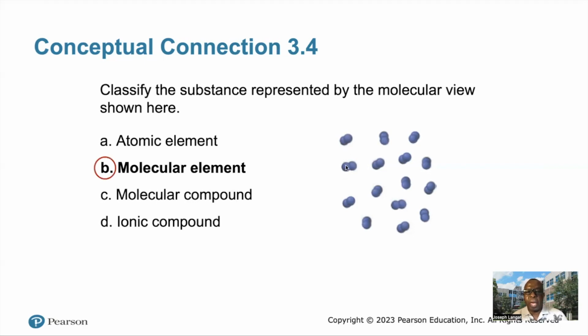If I had, let's say, green and red, that will constitute a molecular compound, such as H2O we looked at before. There were two white spheres bonded to one red sphere. That is a molecular compound.